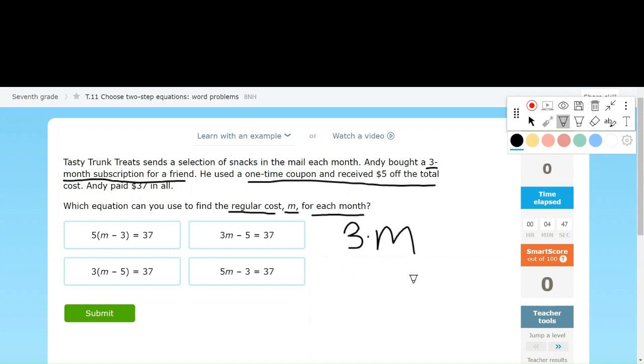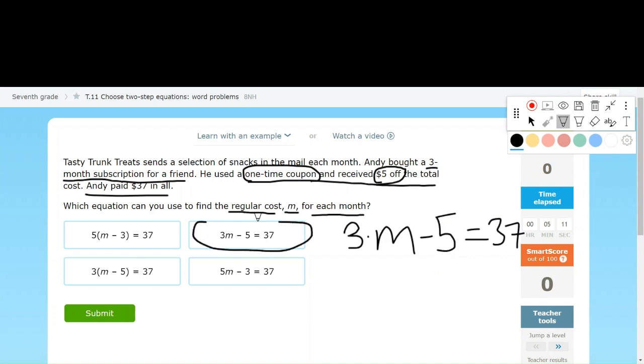And then it says here that he received $5 off. It was a one time coupon of $5 off, so we're going to subtract 5 from that total cost. And it says here that Andy paid $37 in total. Equals 37. And it looks like that is our answer here.